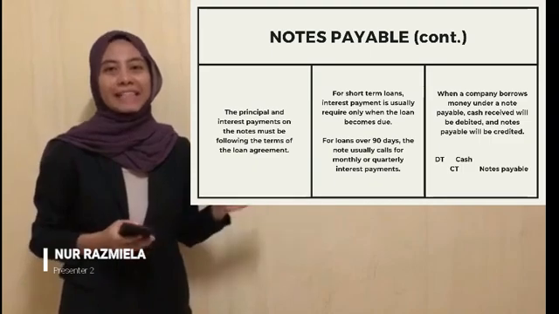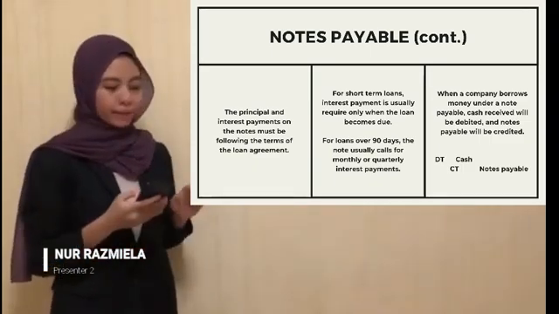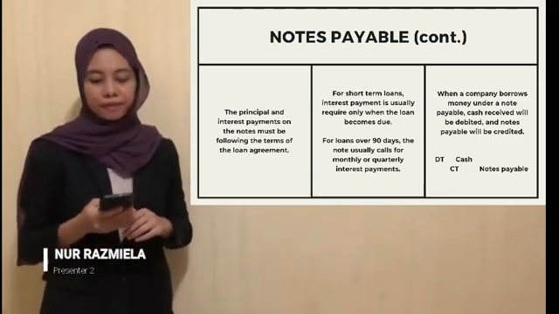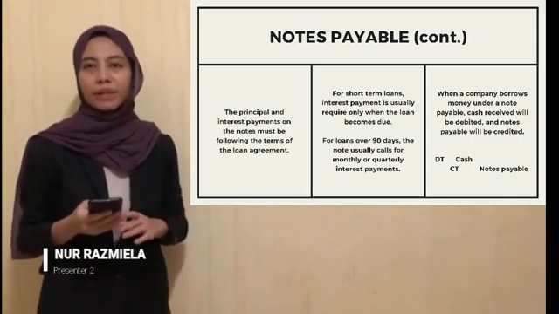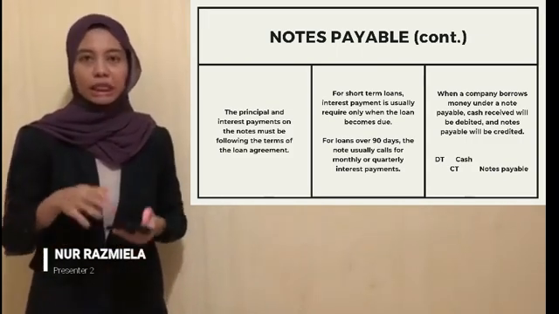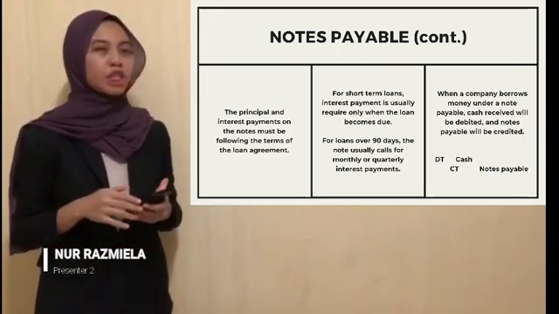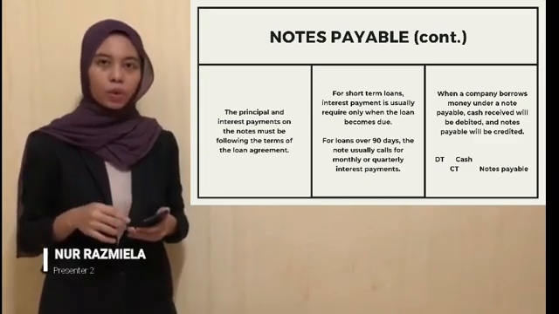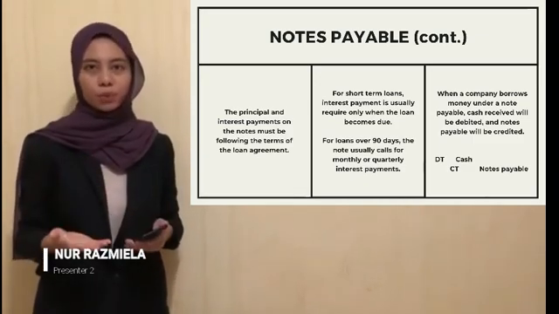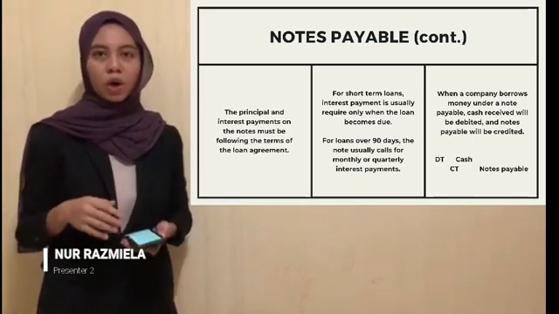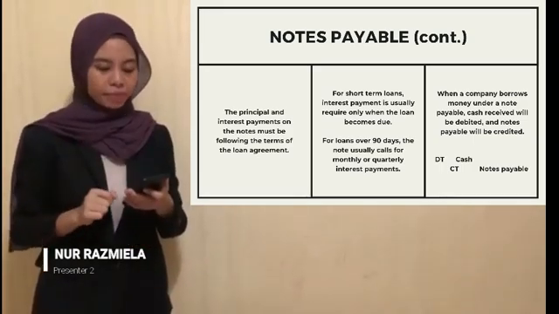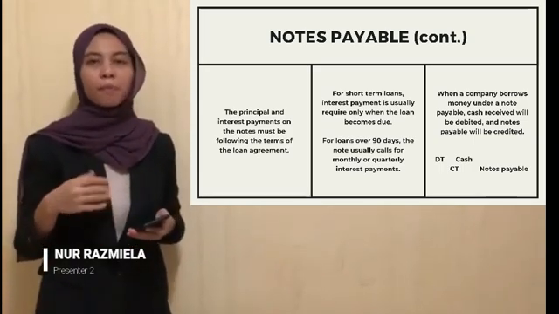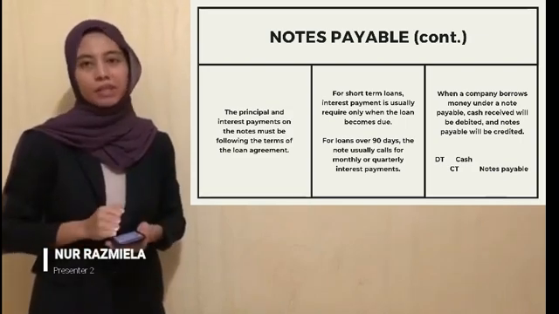For the next slide, the principal and interest payments on the notes must follow the terms of the loan agreement. For short-term loans, interest payment is usually required only when the loan becomes due. For loans over 90 days, the note usually calls for monthly or quarterly interest payments.